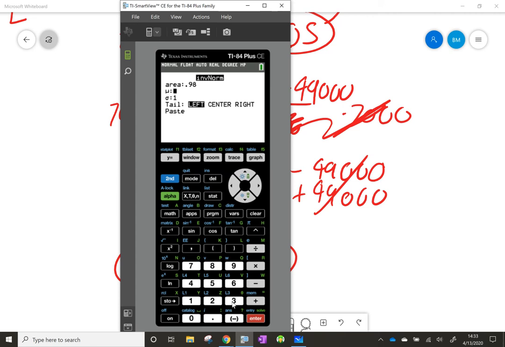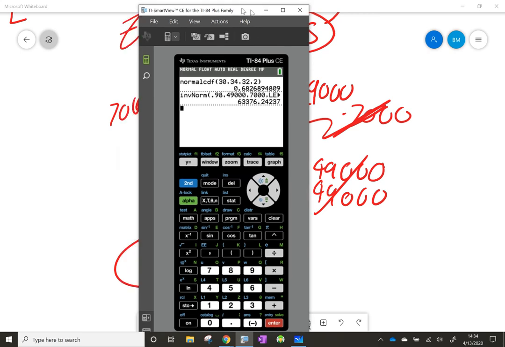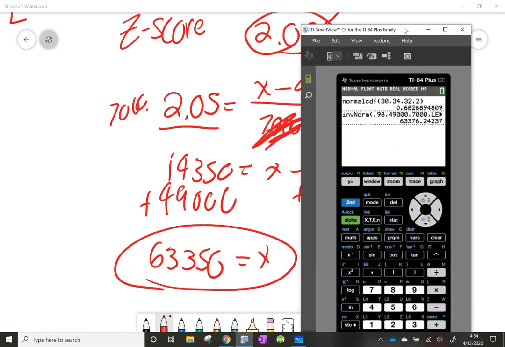Our mean was 49,000, and our standard deviation was 7,000. And then the tail is on the left because this is standardized. It works from left to right. We make sure that's selected, hit paste, and there you go, 63,376. So obviously very, very close to what we got.